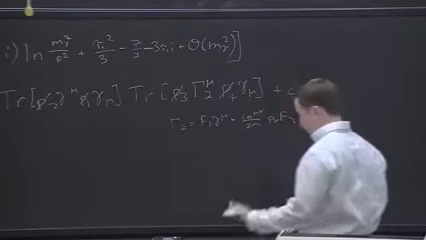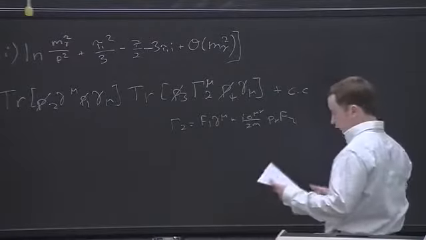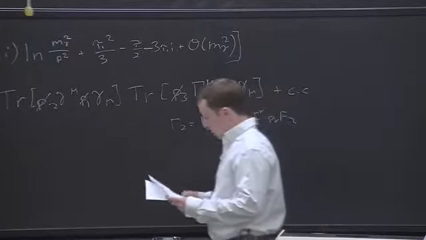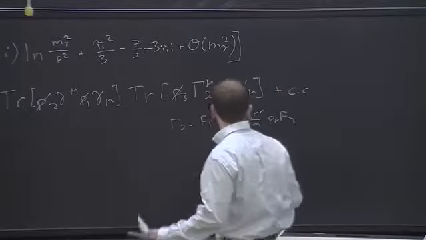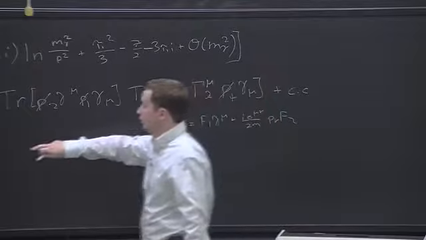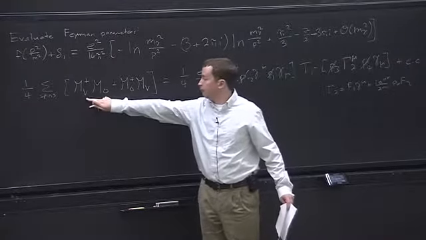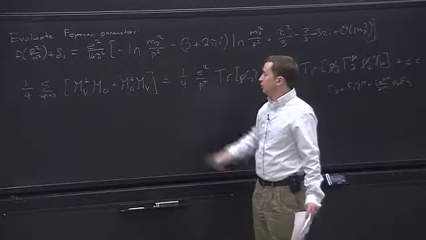For two reasons. So this term's unimportant, so all we need is this F1 term. And note that it's because we're calculating mv dagger m naught plus m naught mv.